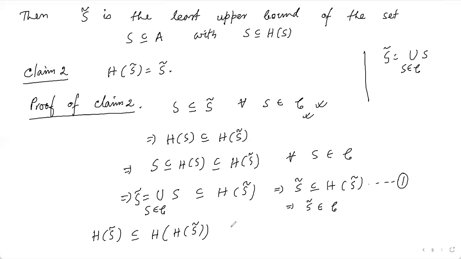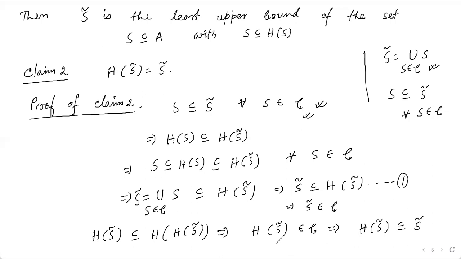So this implies H of S tilde also belongs to script C, and by definition of S tilde, this implies H of S tilde is a subset of S tilde, because S is a subset of S tilde for all S belonging to script C. In particular, H of S tilde belongs to script C, so H of S tilde is a subset of S tilde.